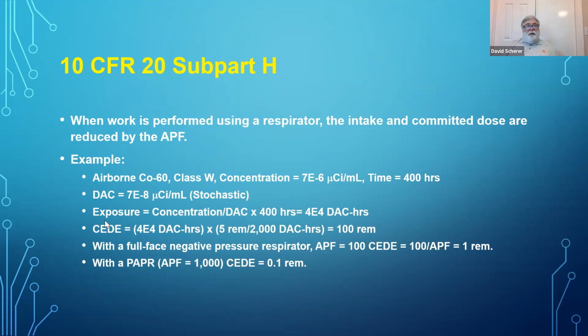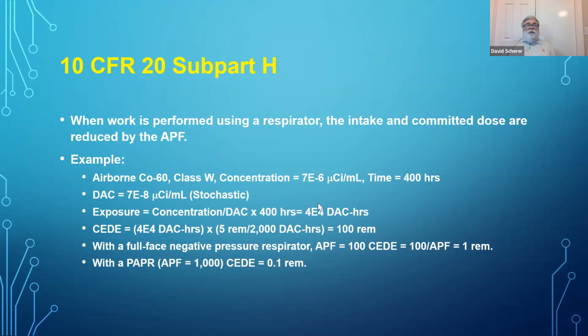So normally, if there were no respirator, we would say the exposure is the concentration divided by the DAC times 400. I picked these numbers for a reason. 7E minus 6 over 7E minus 8 is 100, right? So the concentration is 100 times what the DAC is. They're working for 400 hours.